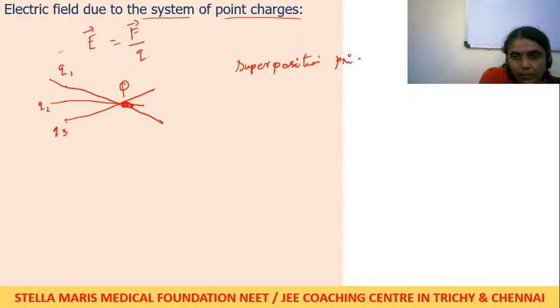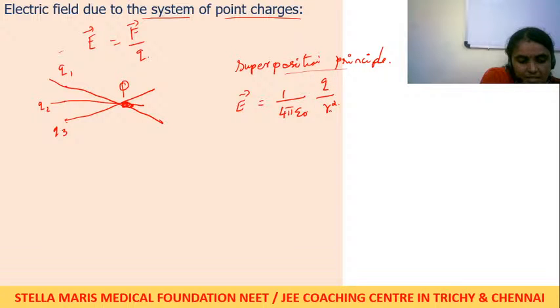If n number of charges are acting on the system, we should use the superposition principle. We know that the electric field formula is 1 by 4 pi epsilon naught Q divided by R square. Here we have considered 3 charges. So the total electric field of the system will be equal to E1 vector plus E2 vector plus E3 vector.